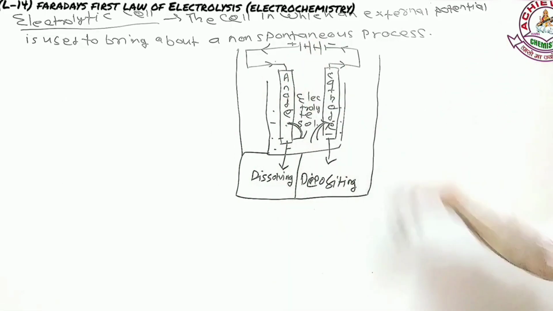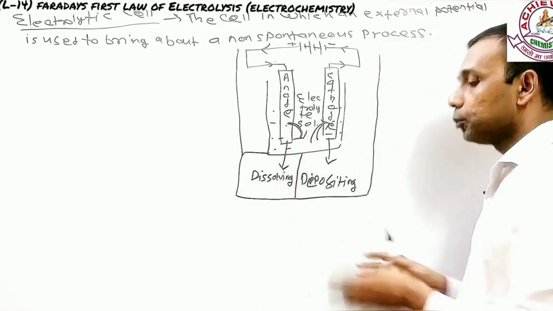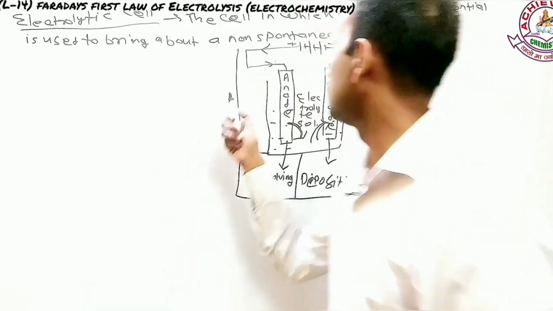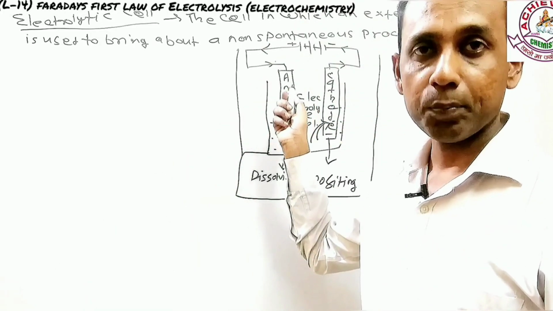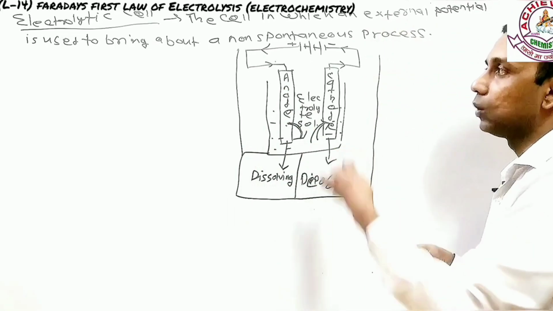So this is what an electrolytic cell is, where to bring about a chemical reaction, you have to use an external potential, and this external potential is used in order to carry out the whole reaction.